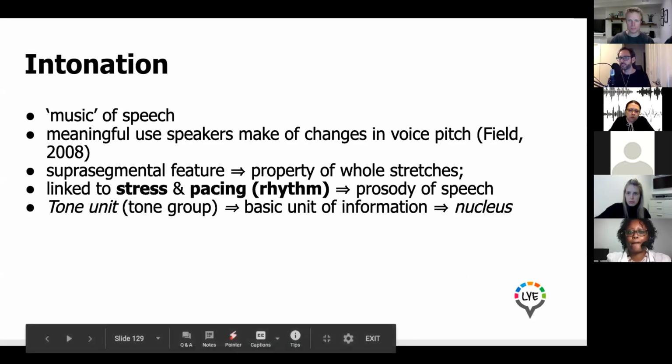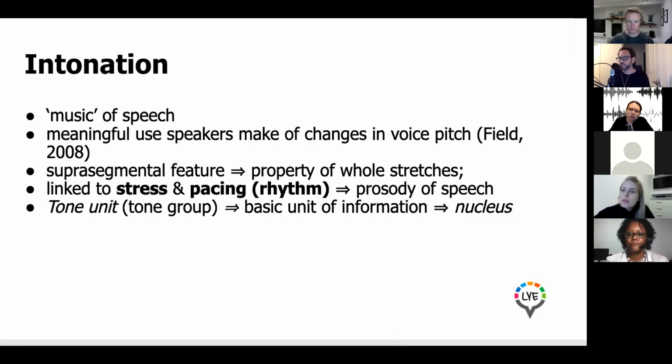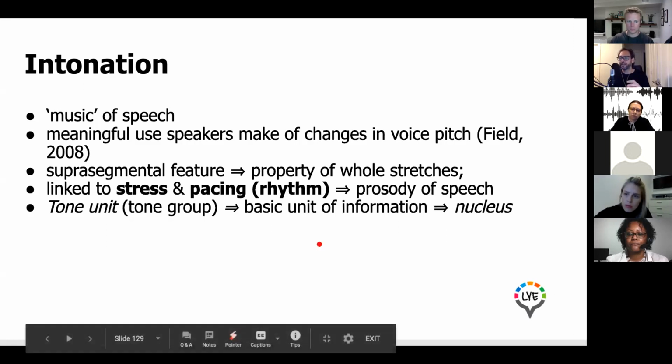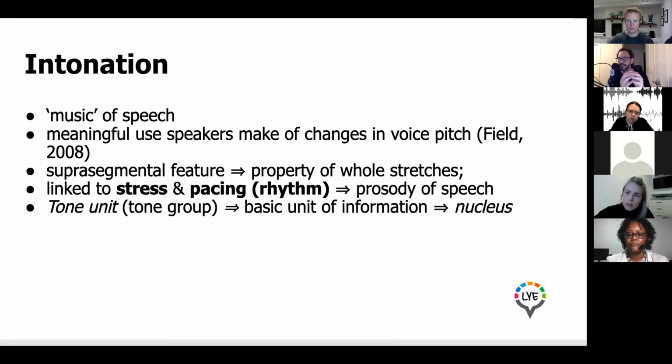To get a little bit too technical here, I don't want to go too deep into this, but we have what we call tone units, or some people like to call it a tone group, which is the basic unit of information. In the literature, they also call this the nucleus. The nucleus is nothing more than the most prominent syllable in a tone unit. That specific tone unit can have some major changes in pitch.